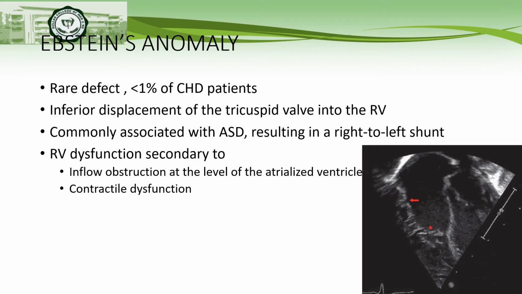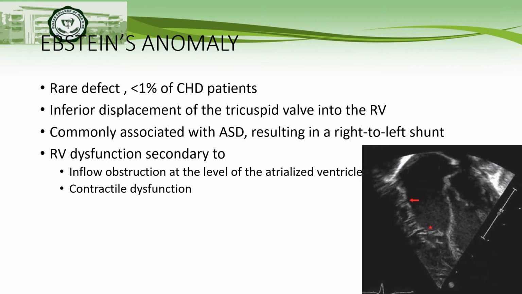Both produce ineffective RV filling. Contractile dysfunction of the right ventricle is a result of a decrease in the number of myocardial fibers, as well as the discordant contraction of the large atrialized portion.